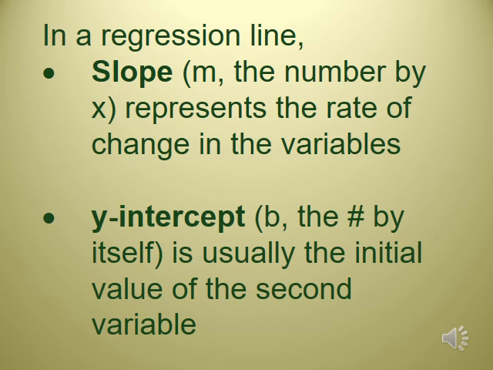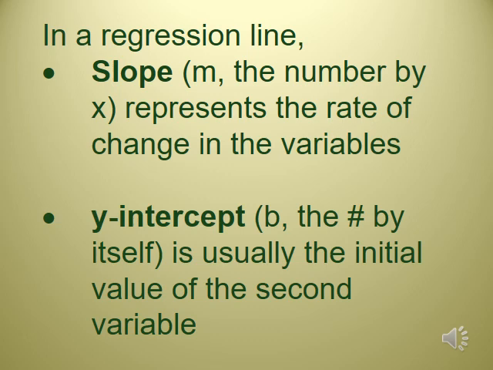When you look at the equation for a regression line, the slope, the m or the number by x, it tells you the rate of change in one of the variables. If I thought back to, for instance, that problem about how many kids families have and how many visits they make to the hospital, what the slope would be telling me is for each additional kid that you have, how many visits does that increase your family trips to the hospital?